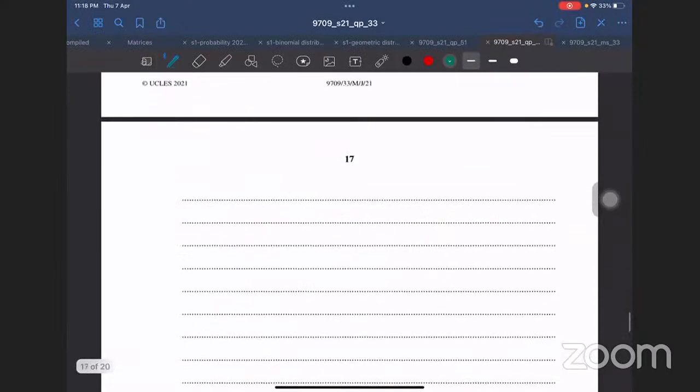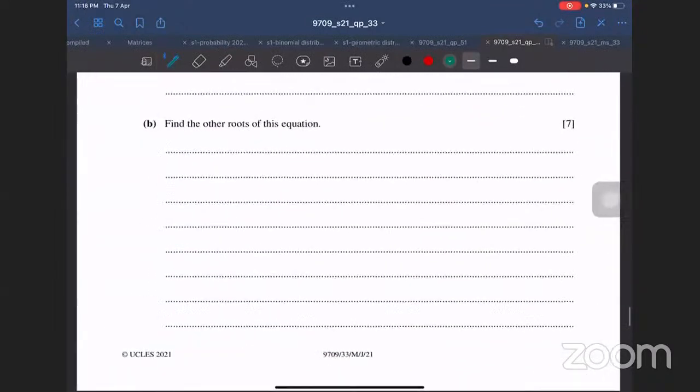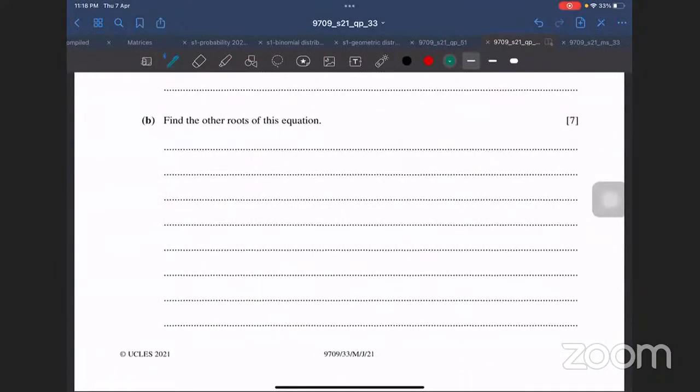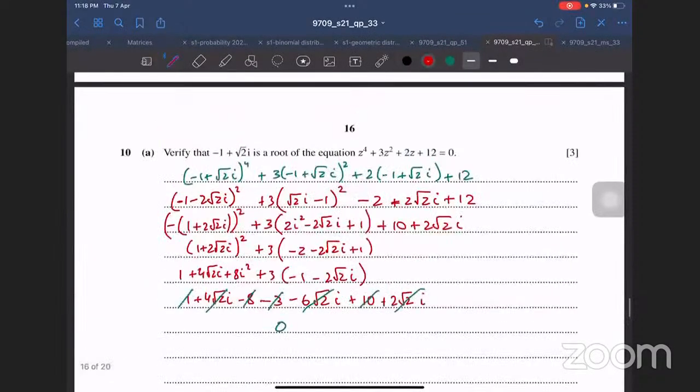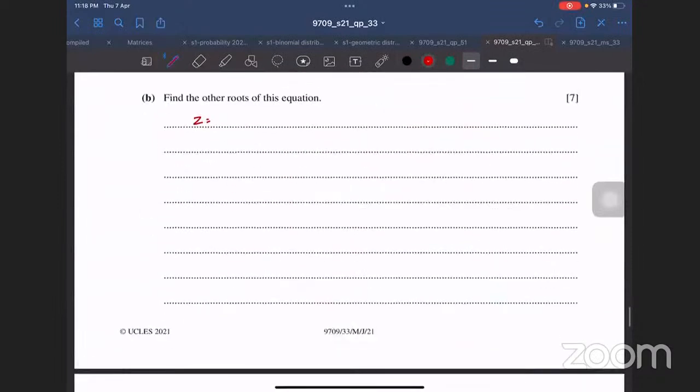Then it says find the other roots, which is the challenging part. So let's do that. If one root is minus 1 plus root 2i, then the other must be minus 1 minus root 2i.